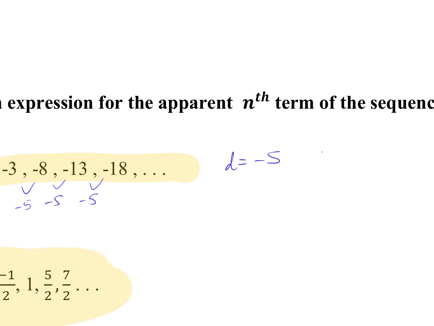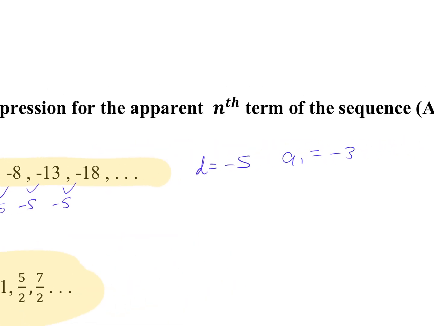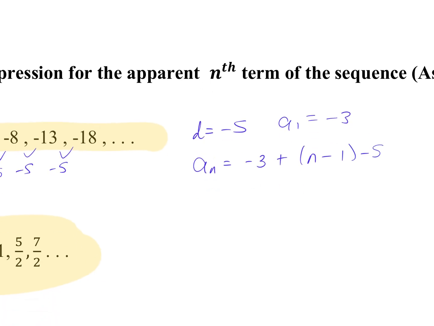You can now say that a sub 1 is -3, right? And then plug it into the formula. A sub n equals -3 plus n minus 1 times -5. So we have -3 minus 5n plus 5. You guys agree? And then a sub n equals -5n plus 2. There's your rule.